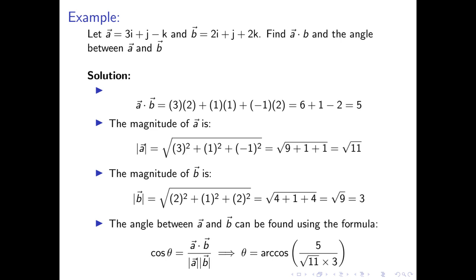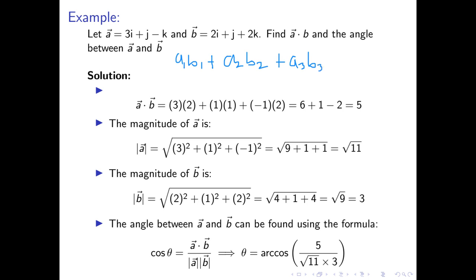All we need to do is to use that formula: A1 B1 plus A2 B2 plus A3 B3. So this is the formula we're going to be using, the component term formula.